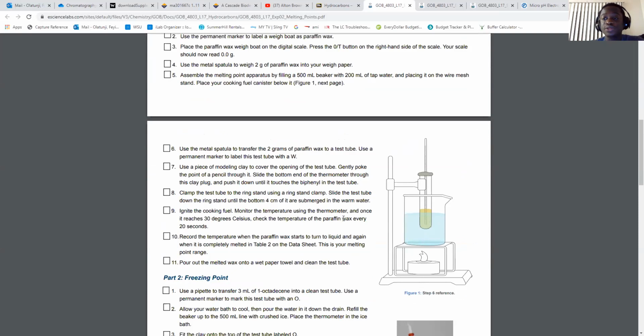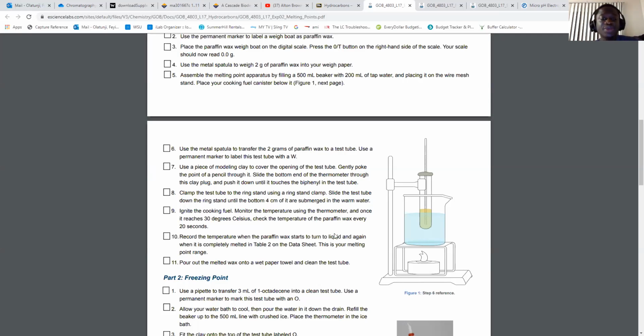Also, when we say melting point, we are not actually looking at a single value. Instead, we're looking at a range. So you want to watch your thermometer for the temperature at which your solid starts melting, and then the temperature at which it stops melting.